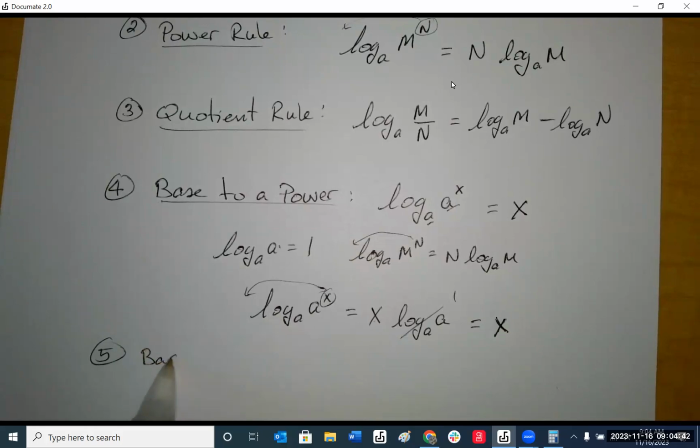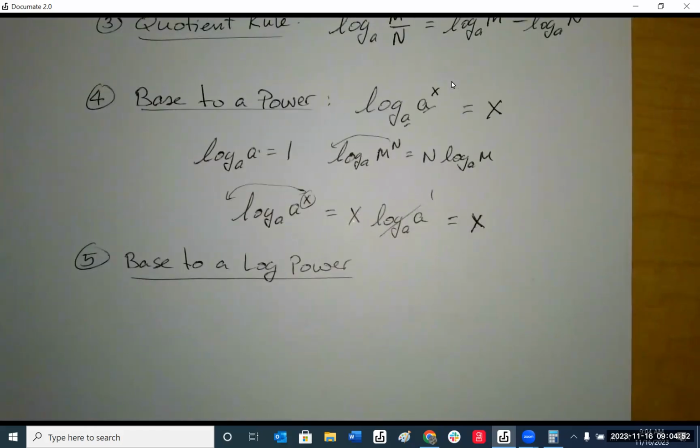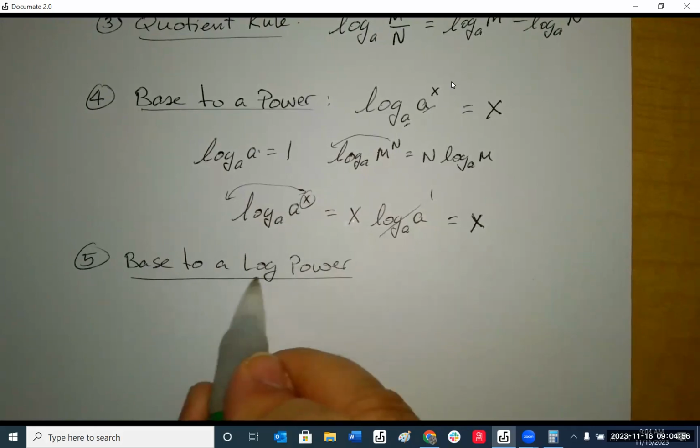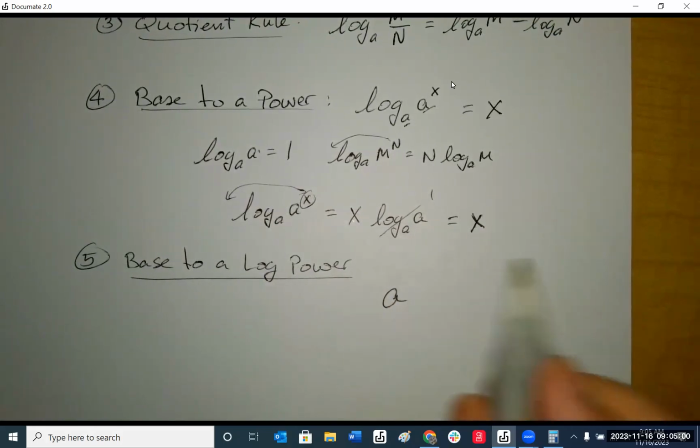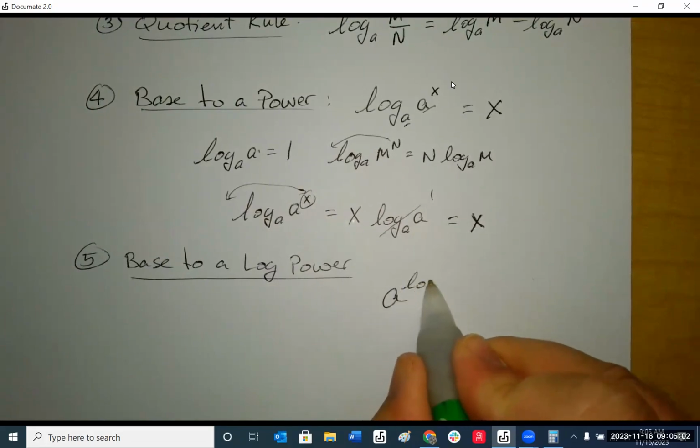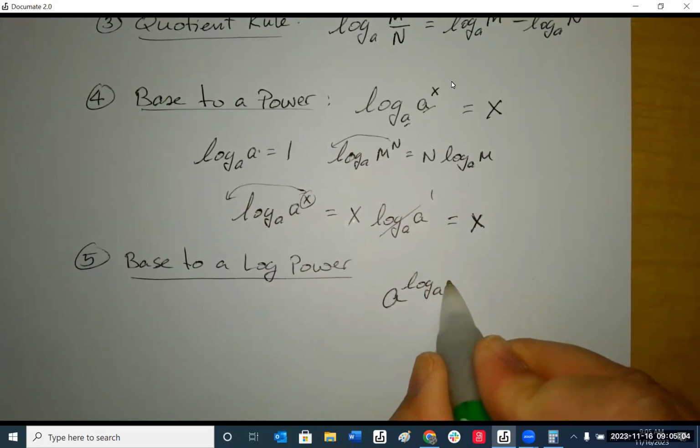This is a base to a log power. Now, what this one says is you have a base, any base, and its exponent is a logarithm.